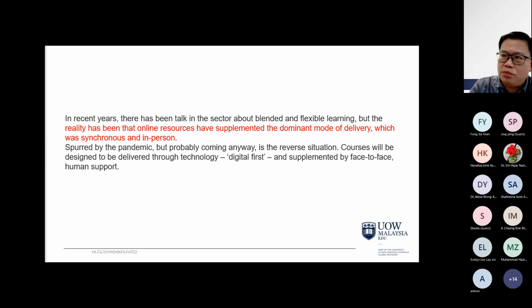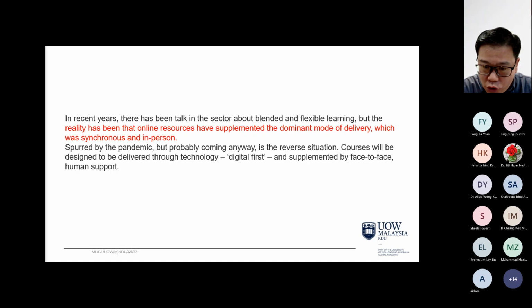Then as you prod a little bit more, it could be that a lot of their local students are working. A lot of their local students are maybe mature students who are also working part-time. So because of that, the situation is different. 99% of our students are full-time students. I think around 98 to 99% are full-time students. So they come, they want the class, they want to be taught.